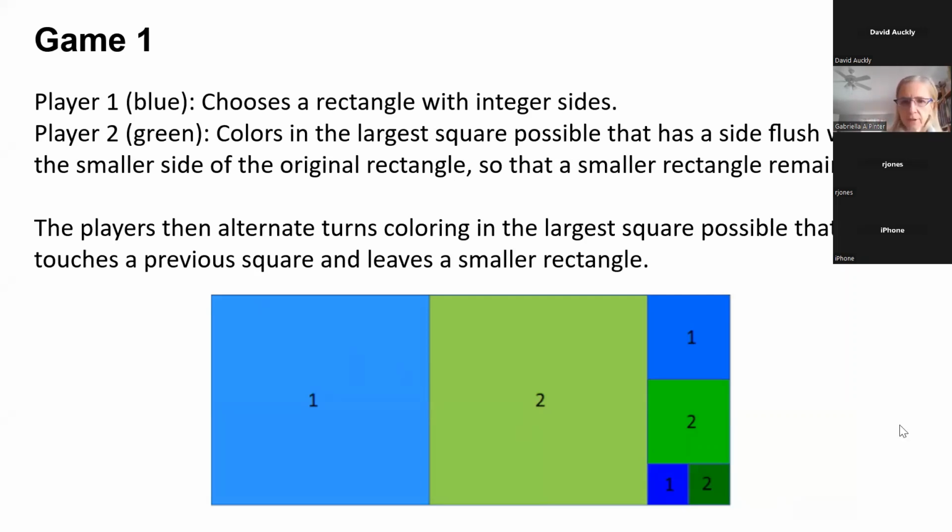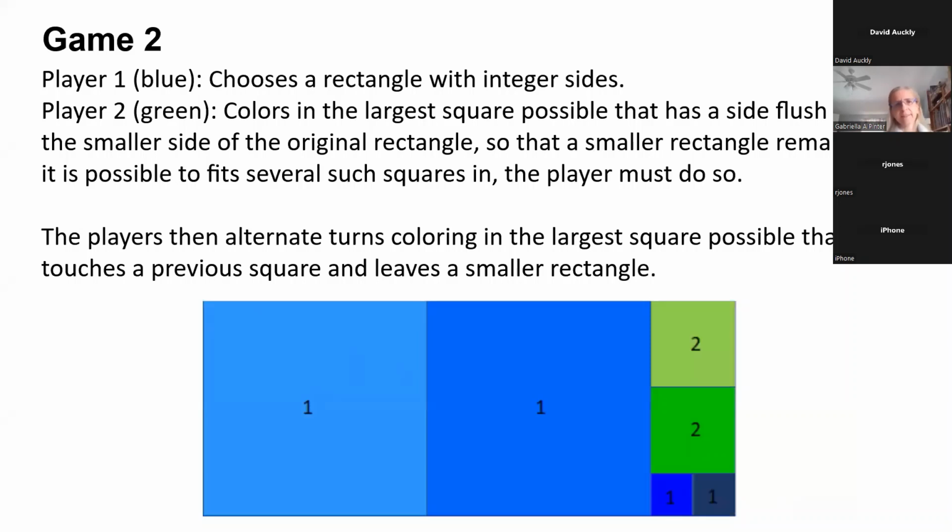So the change in game 2 is that once we have this rectangle with integer sides, player 2 goes and, okay, the colors are messed up here, I'm sorry. So player 2 is blue, or actually, the numbers are messed up, right? So this should be 2 here. So player 2, I cannot draw on this. Sorry.